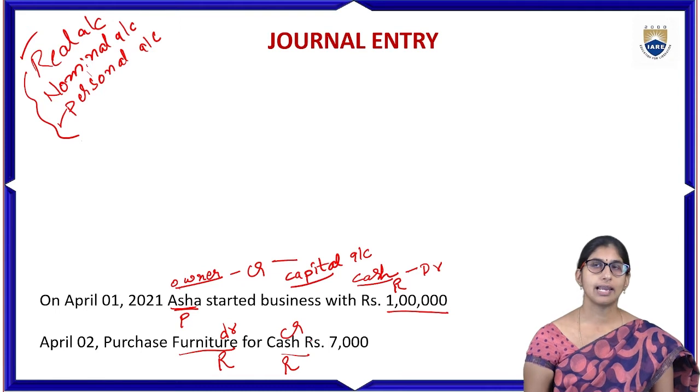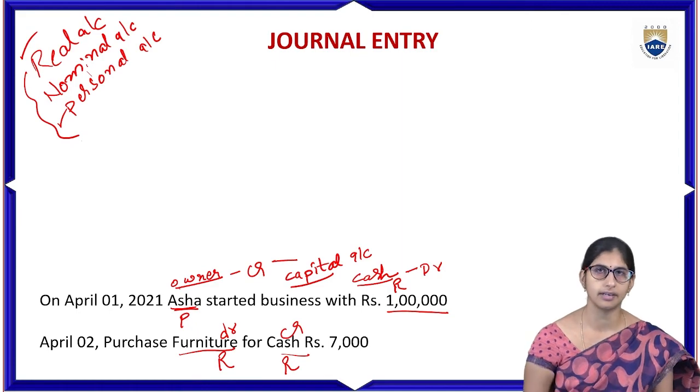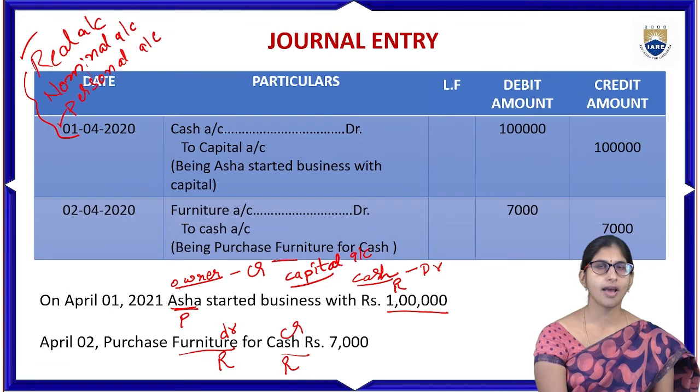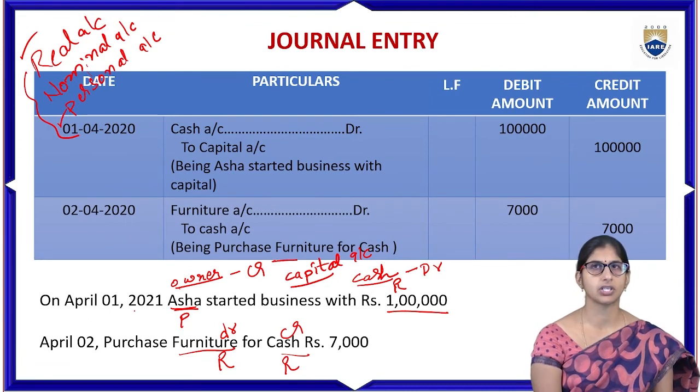Now let us put all these debit and credit items in the form of an entry in the journal book. On 1st April, what is the transaction? Asha started business with rupees 1 lakh. What did we discuss here? Cash we have to debit, so we wrote cash account debtor to capital account.